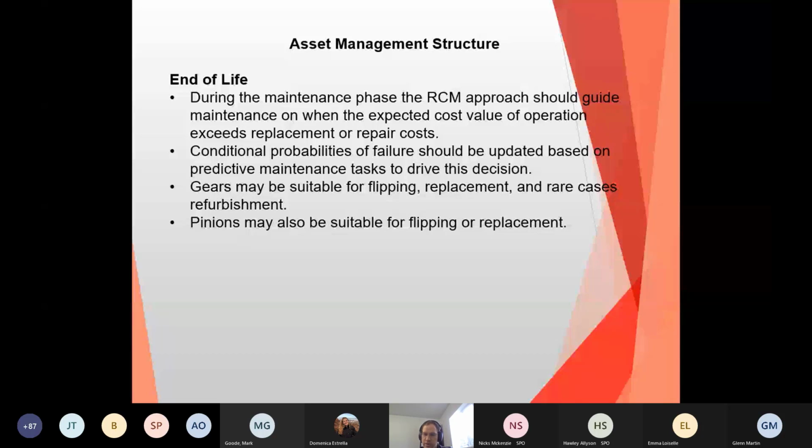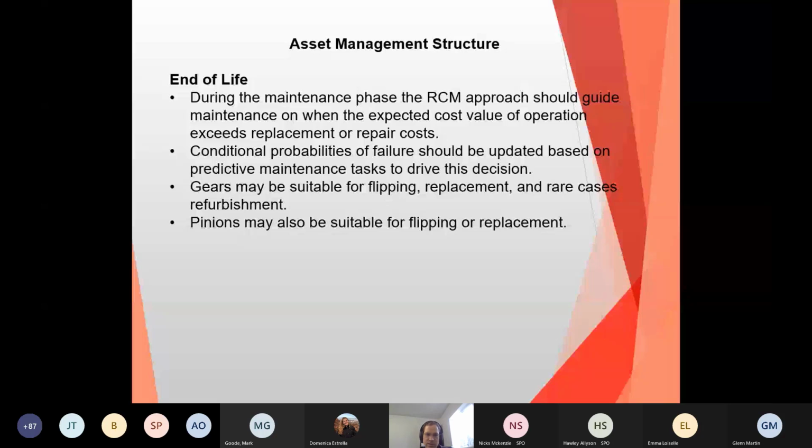And so there can be a point where if the equipment is damaged sufficiently, you start to look at actual power loss conditions that may be driving your cost function as well.